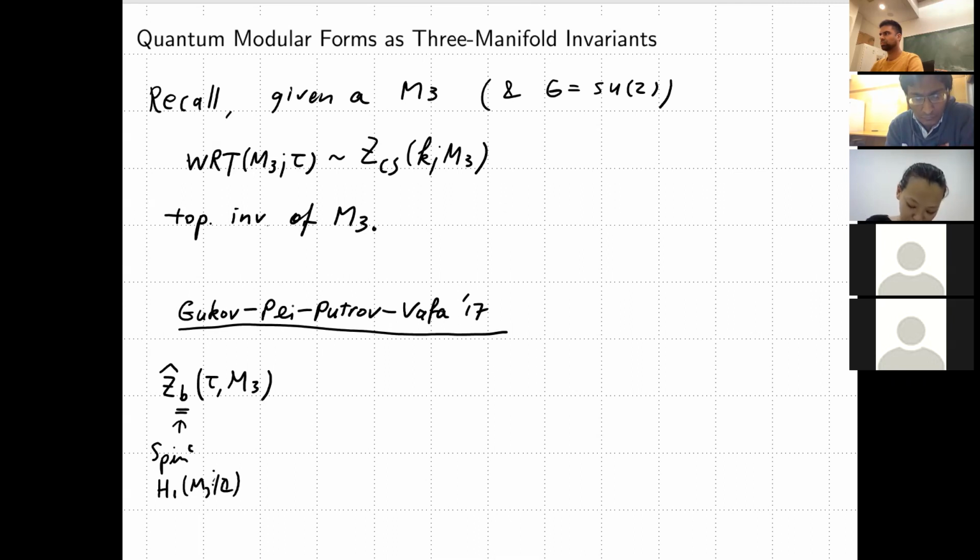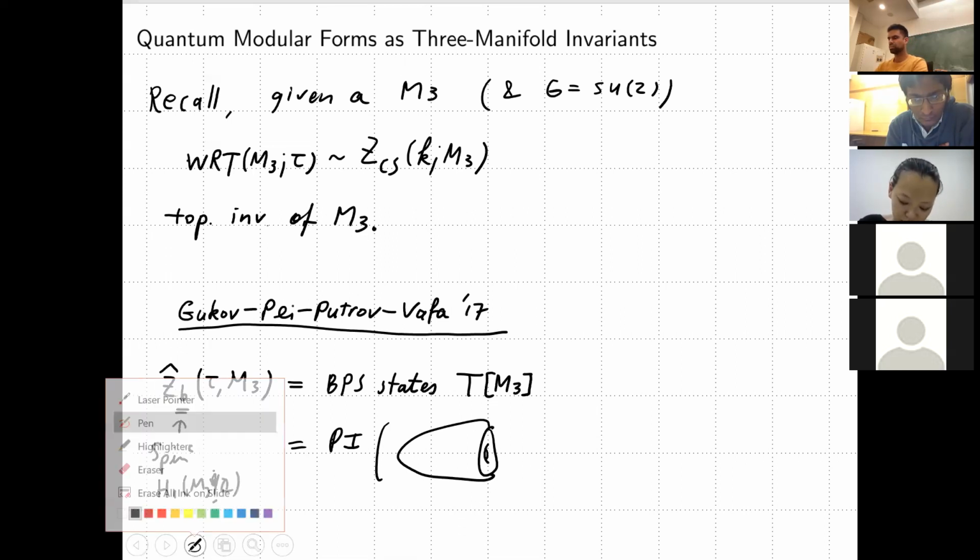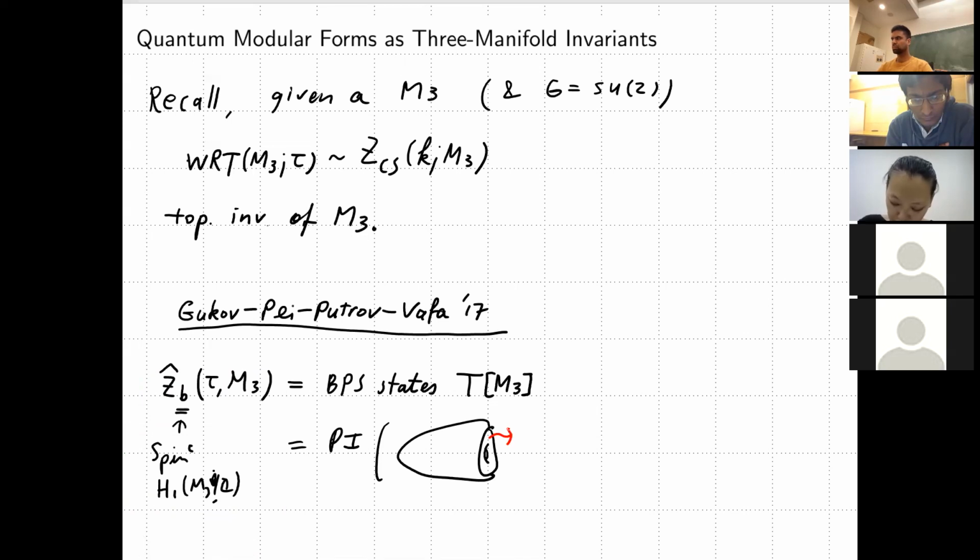So this can be thought of as counting BPS states of a 3D supersymmetric theory, T[M3], or doing a path integral in the following background where there's a boundary torus with complex structure tau, and then boundary condition given by this choice of b.